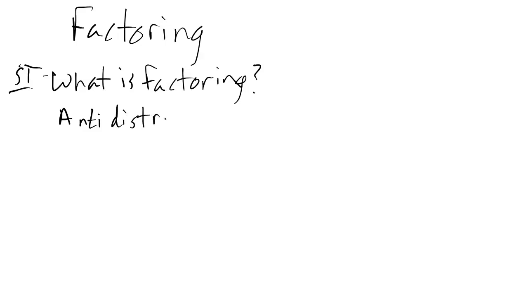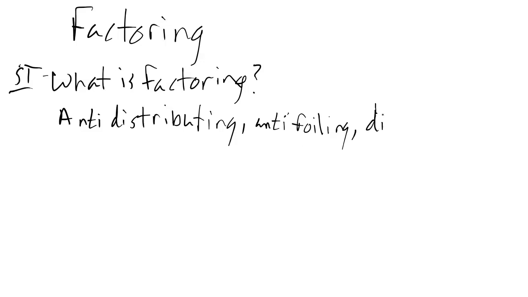Where we're taking things out of the equation. We also called it anti-foiling because we were reversing what foiling did. We divide out terms, right? So these are all different ways that we can describe what factoring is.